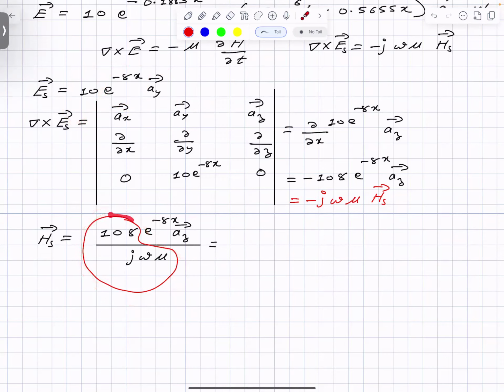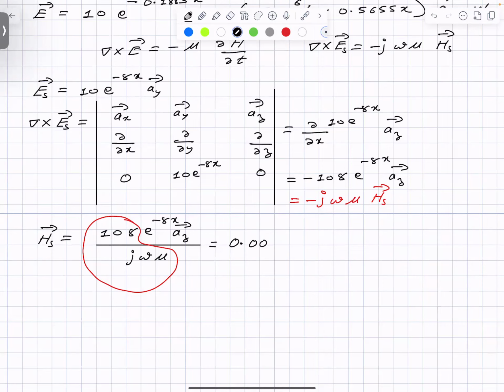So if you plug just this part on your calculator, you should write that in the polar form, and I'll explain why. Some numbers we need in rectangular form. For example, gamma we need in rectangular form because its real part gives us alpha, imaginary part gives us beta.